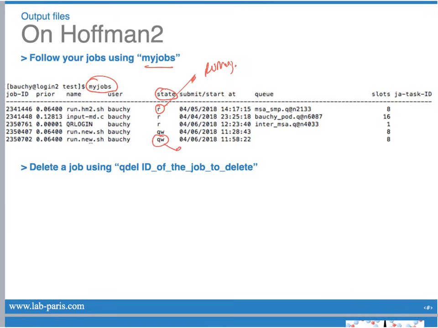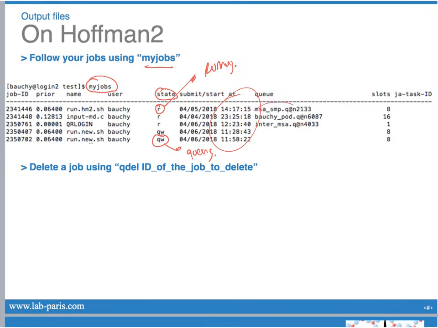If you have a job that is QW, then it means that it's in the queuing line. So it's still waiting for processors to free up in order to start. You can have some information about when you submitted the job and when the job started.